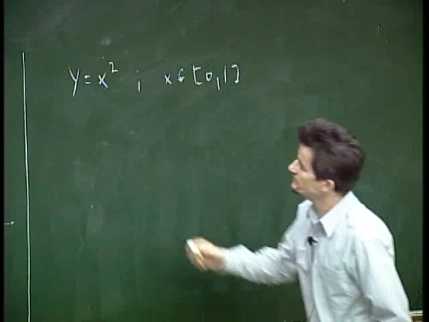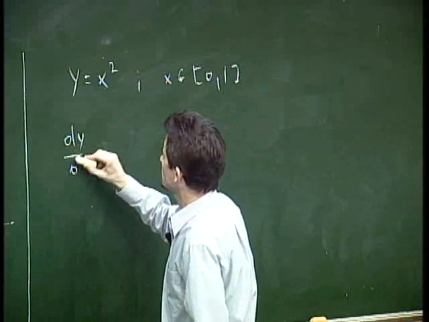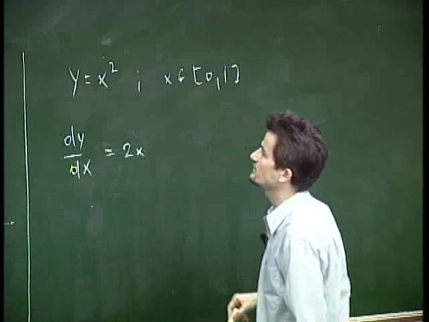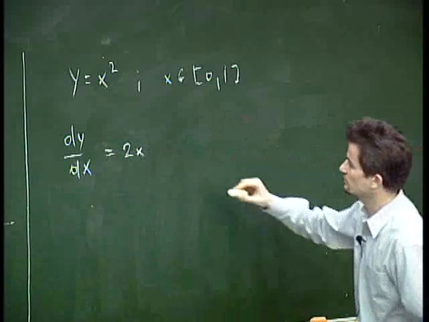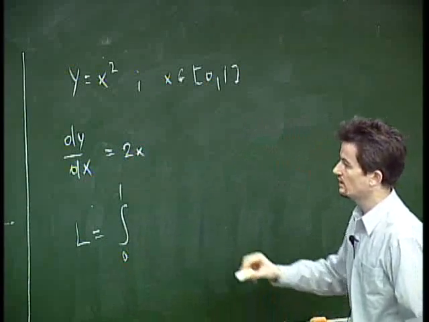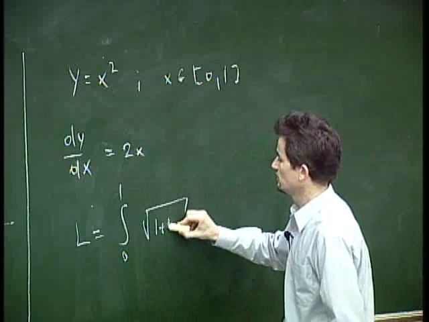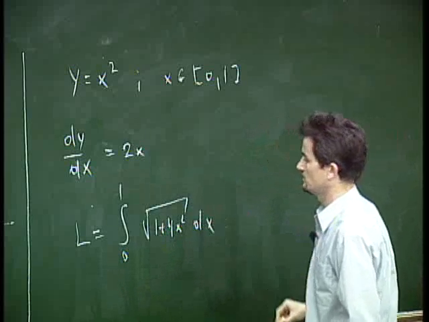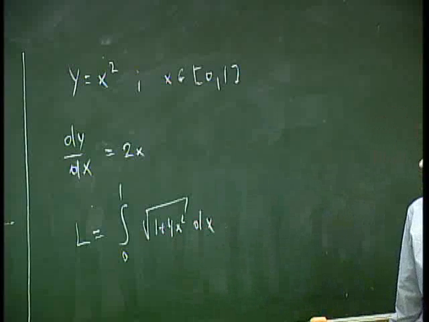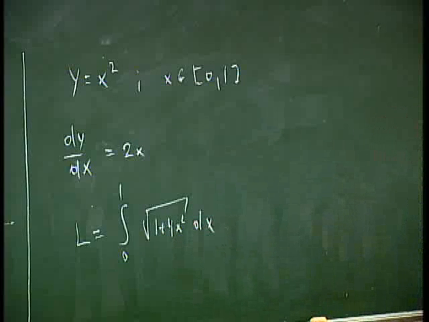Okay, so here the integral is also not getting too easy, but much easier. So the derivative is equal to 2x. So the arc length is equal to the integral from 0 to 1 of the square root of 1 plus 4x squared dx. Okay, this is kind of easy for us, because here we know the method of trigonometric substitution will work.